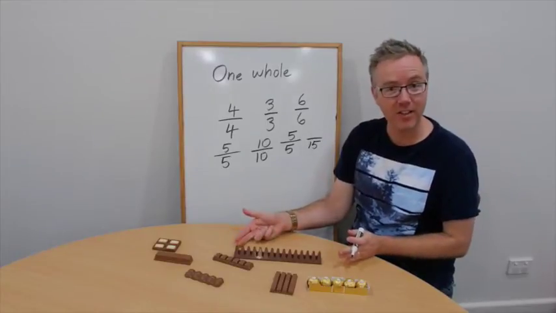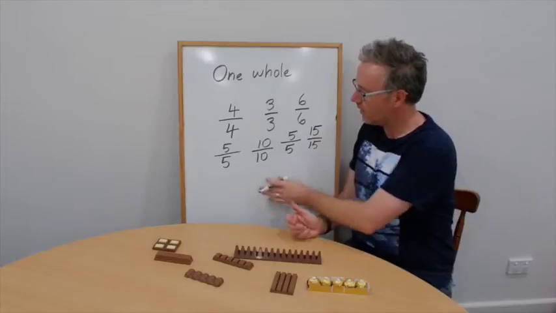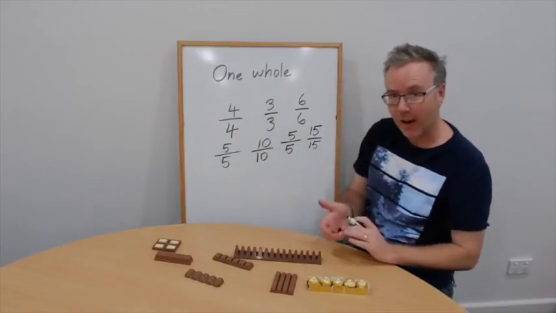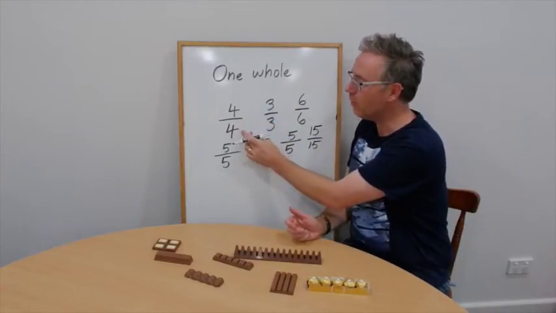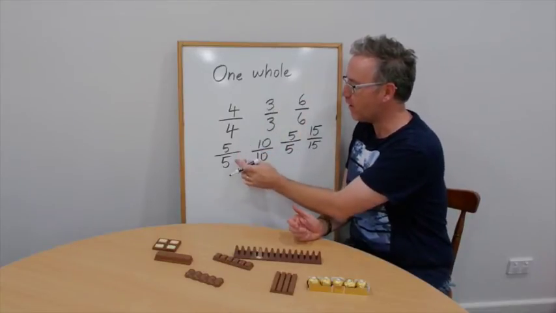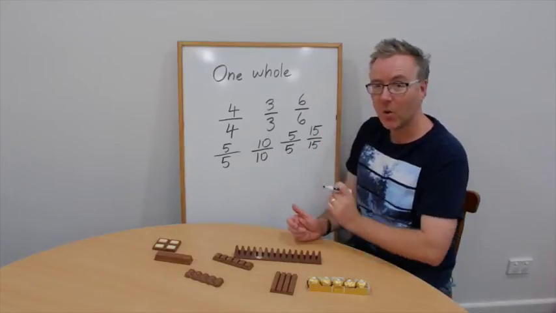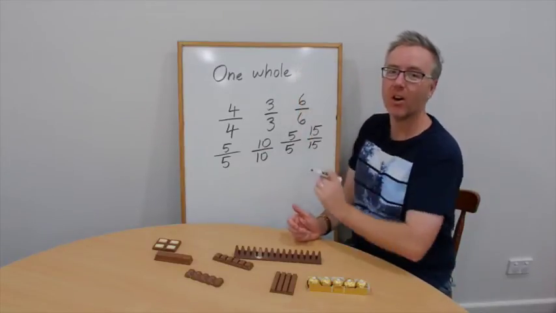And here it is, I still have all 15. Each of these fractions, 4 over 4, 3 over 3, 6 over 6, 5 over 5, 10 over 10, and 15 over 15, all mean one whole.